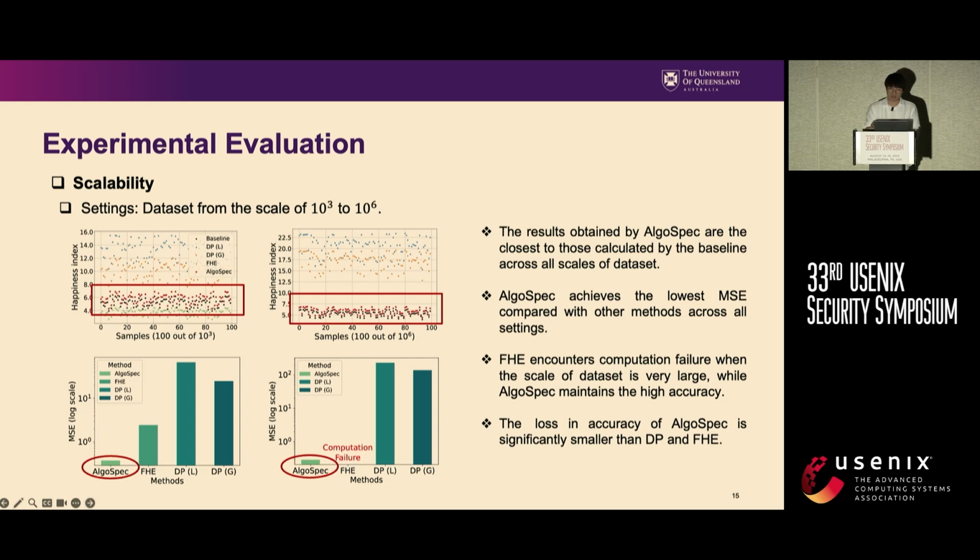And AlgoSpec achieves the lowest MSE as well across all the scales. FHE encounters computation failure as the size of the dataset increases, but AlgoSpec maintains its high accuracy even at the largest scales. The loss in accuracy of AlgoSpec is significantly smaller than DP and FHE.